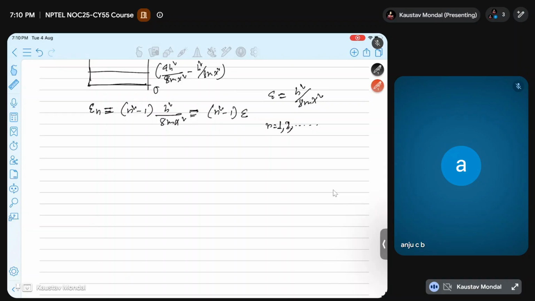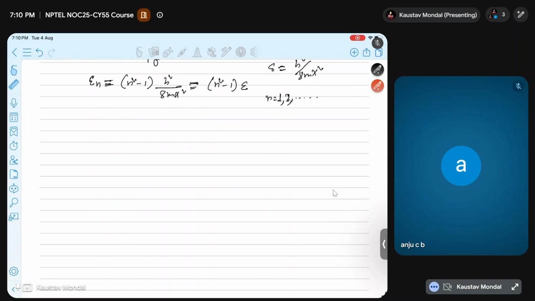So for that reason we have to use a different summation rule here. The partition function expression would be the summation over n of e to the power minus beta En, so it becomes the sum of e to the power minus n square minus 1 times beta e.